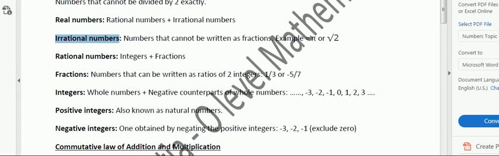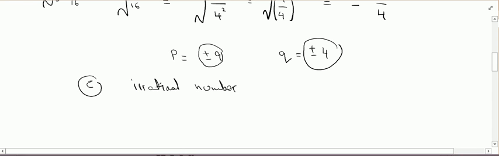Now what are irrational numbers? Irrational numbers are numbers that cannot be written as fractions. Example, under root of 2 or the value of pi. If you calculate the value of pi on your calculator, it will be something which is 3.142, and the decimals will keep on running. You cannot write it as a fraction of a over b.